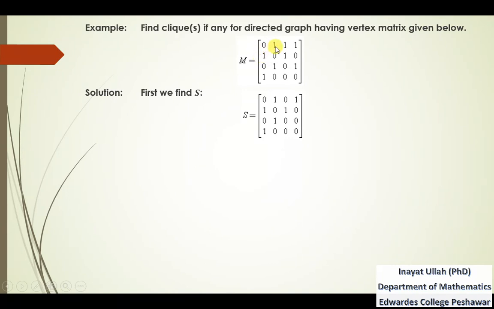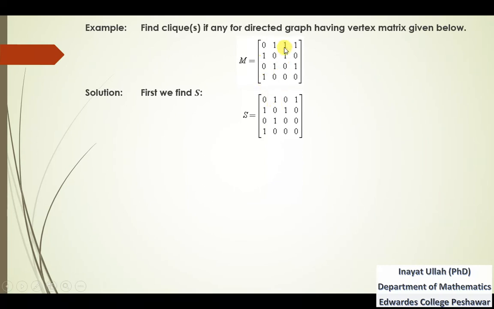So M12 and M21 are equal to 1, so it means that S12 will be equal to 1. S11 is 0 because M11 is 0.